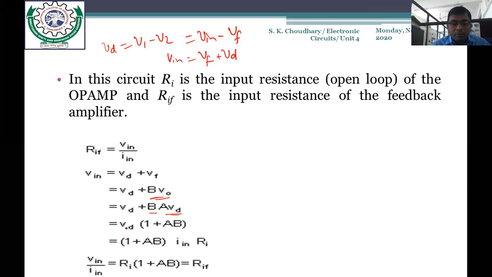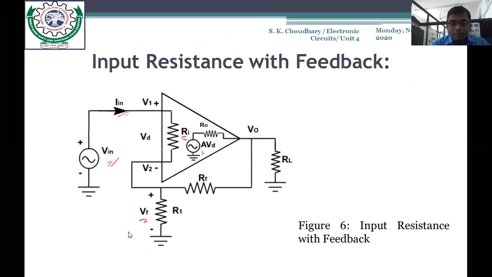So Vin would become, with Vd taken common, 1 plus AB into Vd. If you refer to this circuitry, in terms of current, Vd is equal to Iin into Ri, the current flowing through the input resistance.